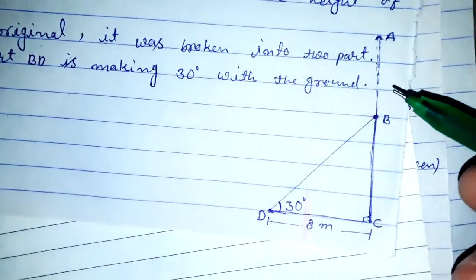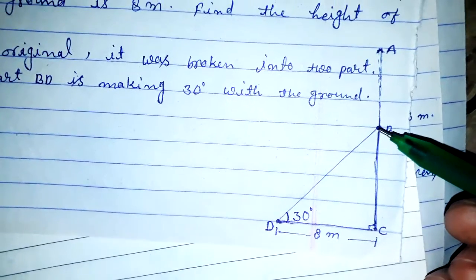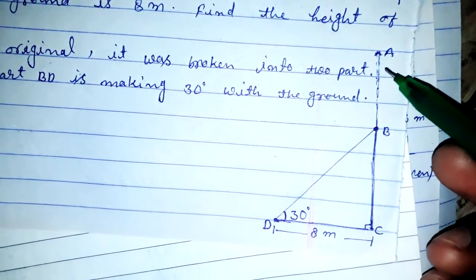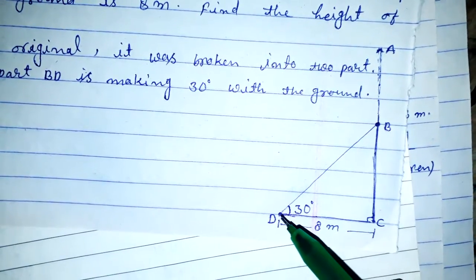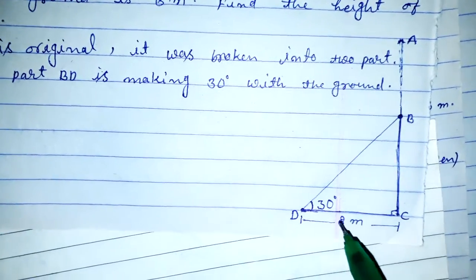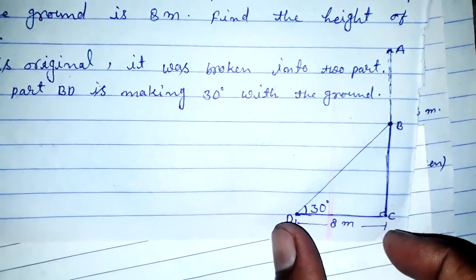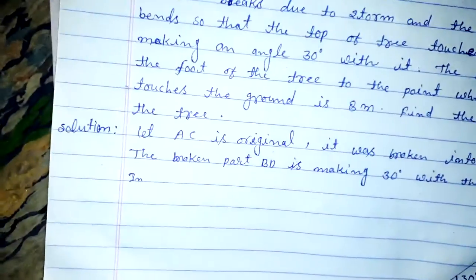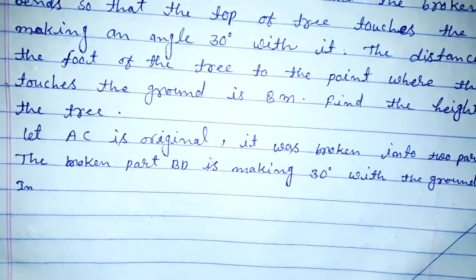Here let AC be the tree, broken at the point C. This part touches the point D, making the angle 30 degree, and the distance of D to C is 8 meter. Let AC be the original tree.